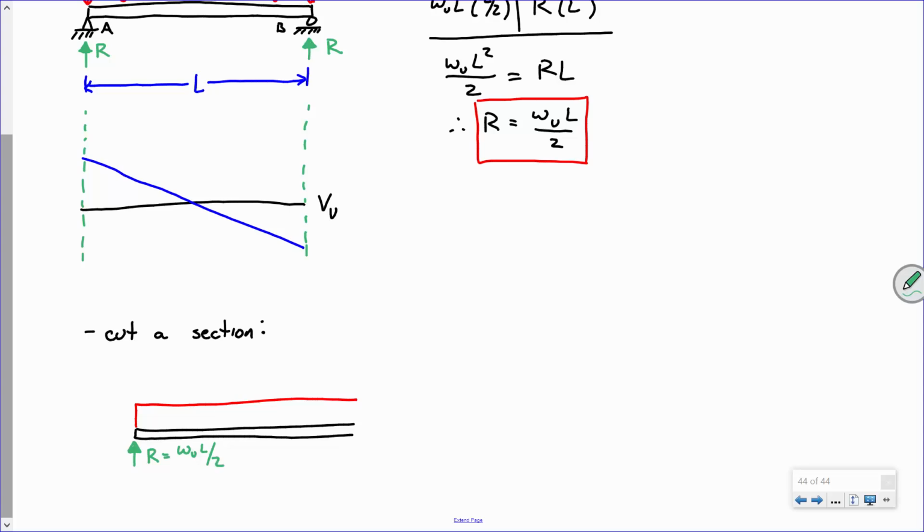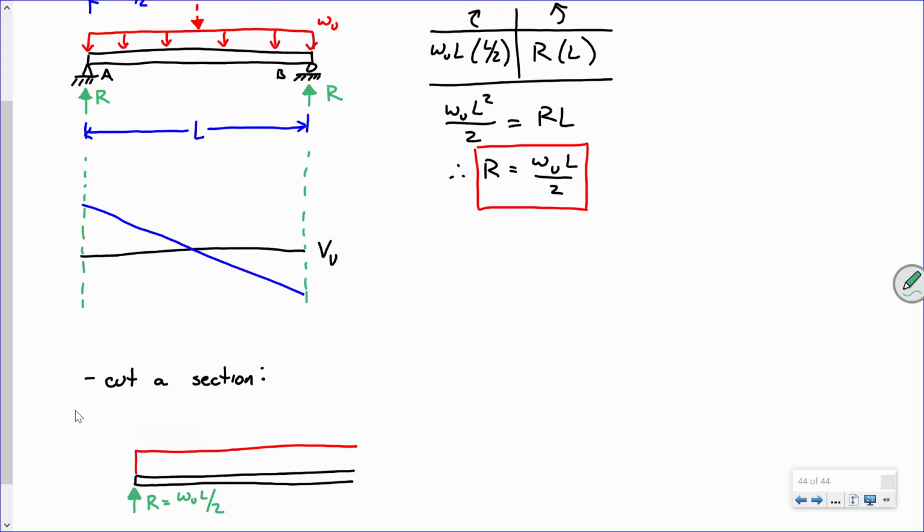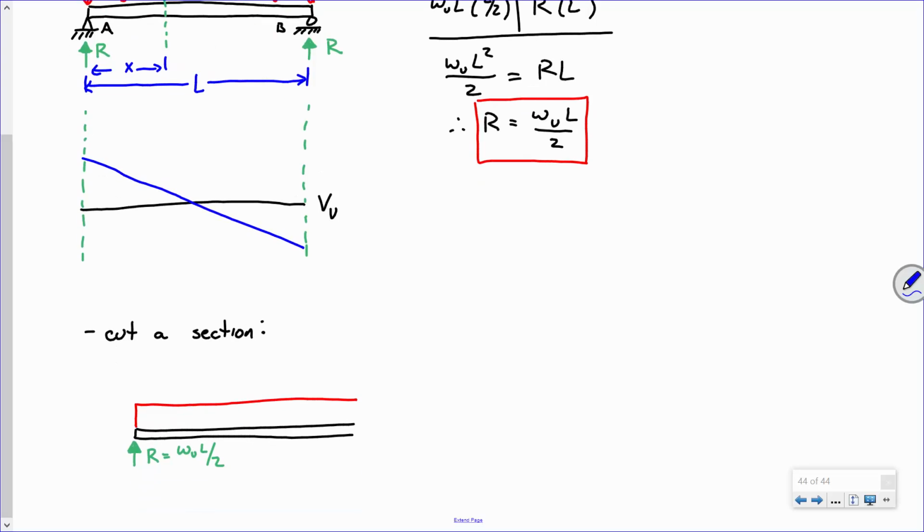So I've got my reaction, and I'm cutting a section at some distance where this is x, right? Some random distance.